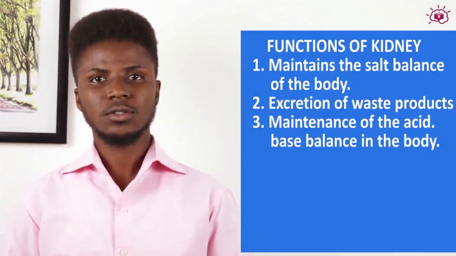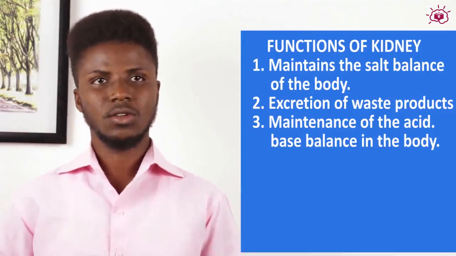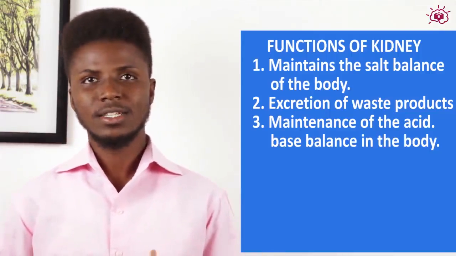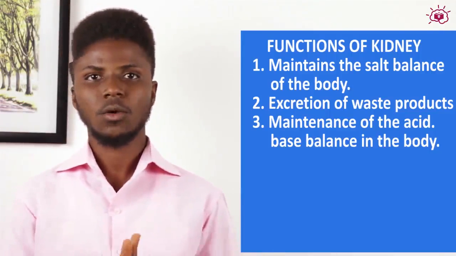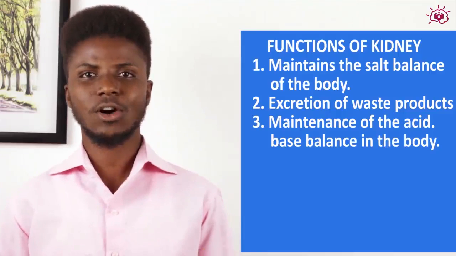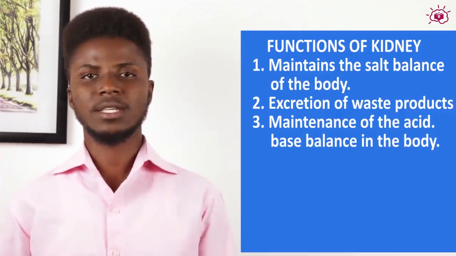The third function of the kidney is acid-base balance. For example, when the internal environment is more acidic, the kidney increases the concentration of acid in the urine, allowing more acid to be passed out.